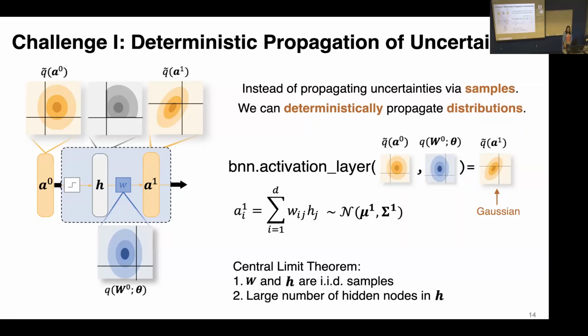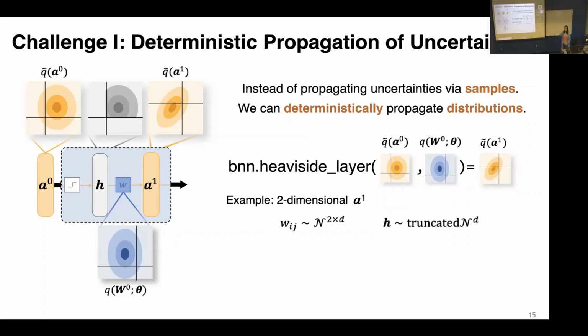Then all we need to do is to learn what's the mean and variance expression of this A1 layer. Okay? A very simple illustrative example is, let's say A1 has 2 dimensions. And then W is a 2D Gaussian, H is a truncated Gaussian if we have a Heaviside function or a step function.